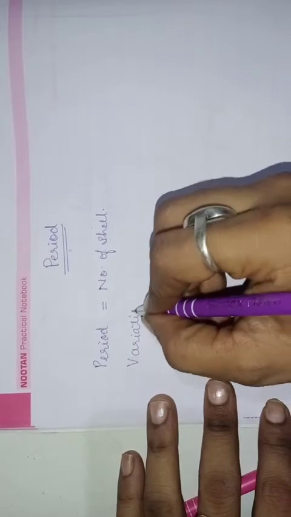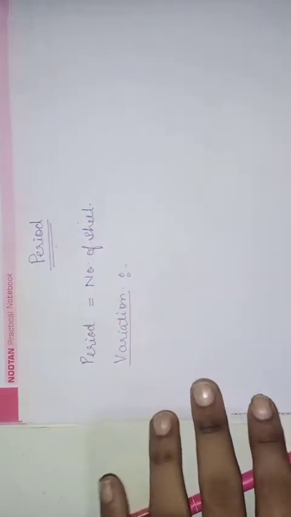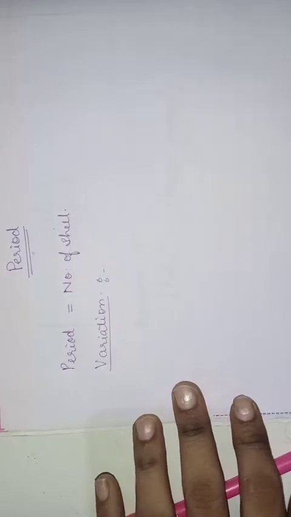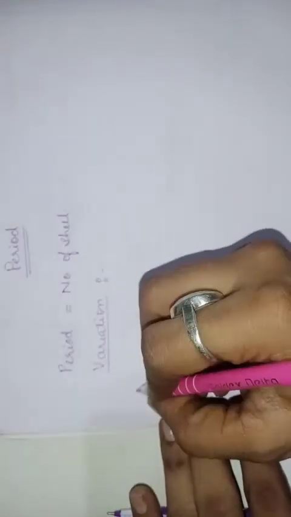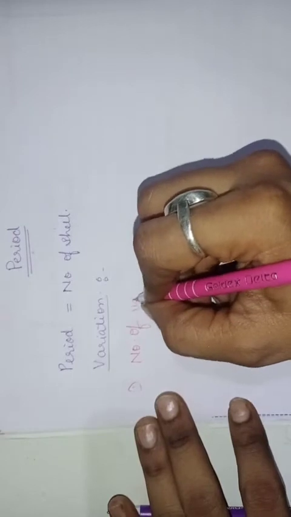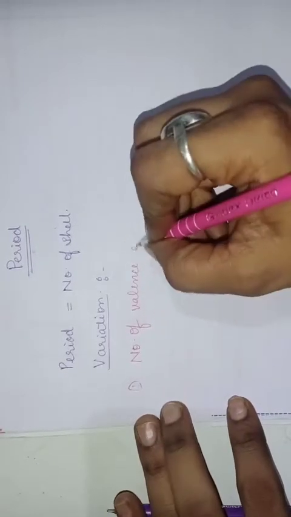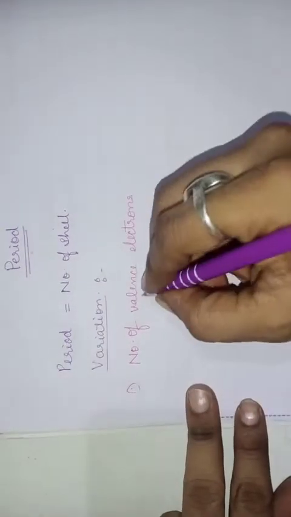There are certain variations which we have to study in detail, children. The first variation that we have to study is the number of valence electrons. When we discuss valence electrons, firstly you need to know what they are.